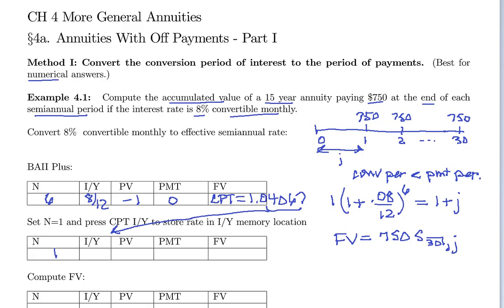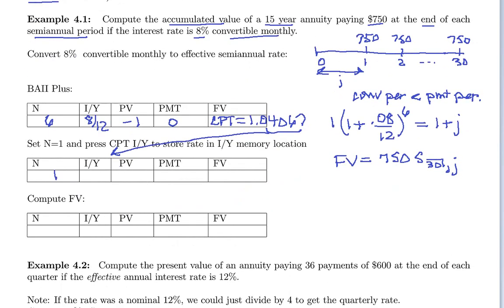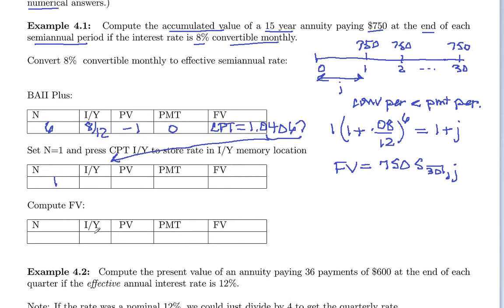With TVM keys, we've already got IY in there. We're going to set N equal to 30 periods. Present value does not get used, so that's zeroed out. We've got payments of $750. Let's consider those as cash outflow, and we'll compute the FV.